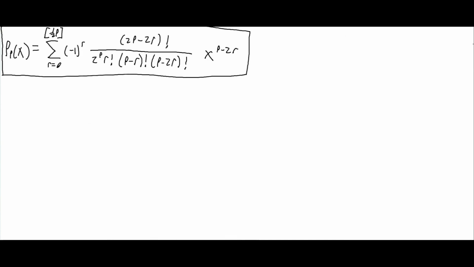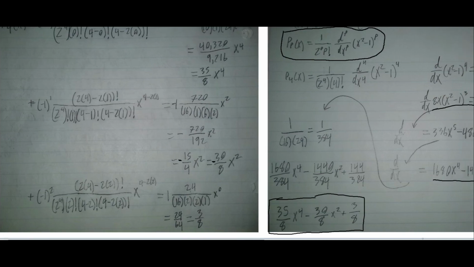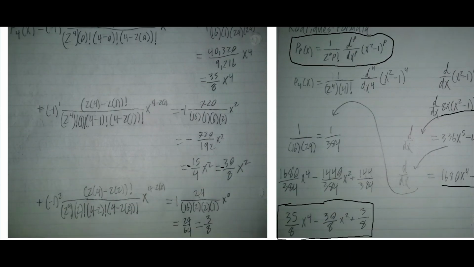And then you can also use Rodrigues's formula. I'm not going to show how to get from this to this or this to this. I'm just showing that these are two valid ways of getting the Legendre polynomials. For this p here, you could plug in any number and it'll give you a Legendre polynomial.